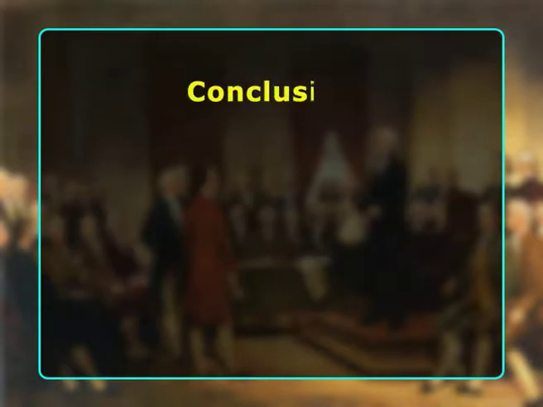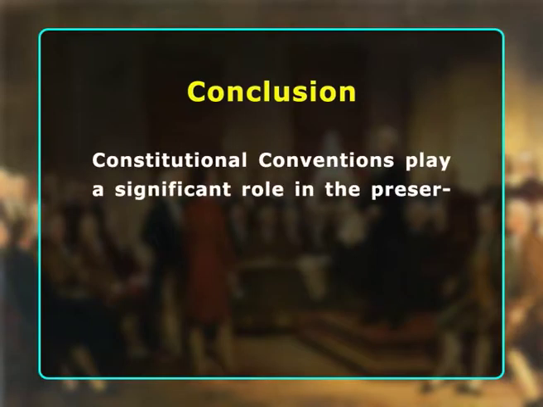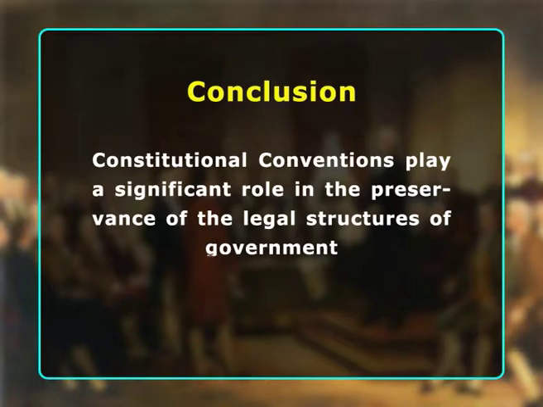In order to conclude, we can say that the constitutional conventions play a very significant role in the preservation of legal structures of the government. The main function of the convention is to guide the use of constitutional discretion. On certain important questions pertaining to particular situations to which the Constitution provides no answer, it is here that the conventions play their part as a catalyst.